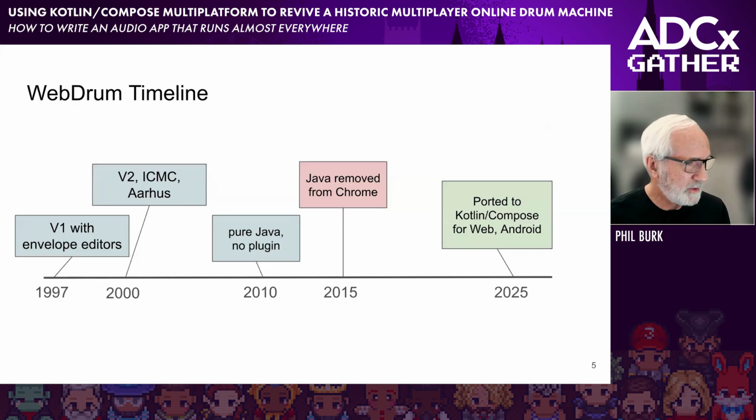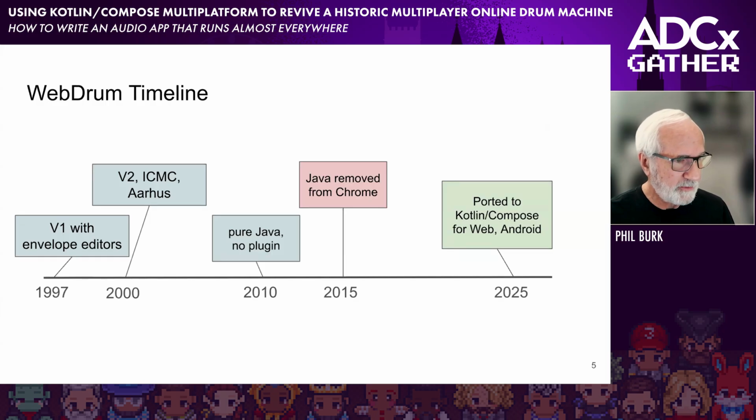The timeline for this: the Web Drum first release was in 1997. So this was actually one of the first interactive multiplayer audio programs on the web. The first version was pretty complex with envelope editors.